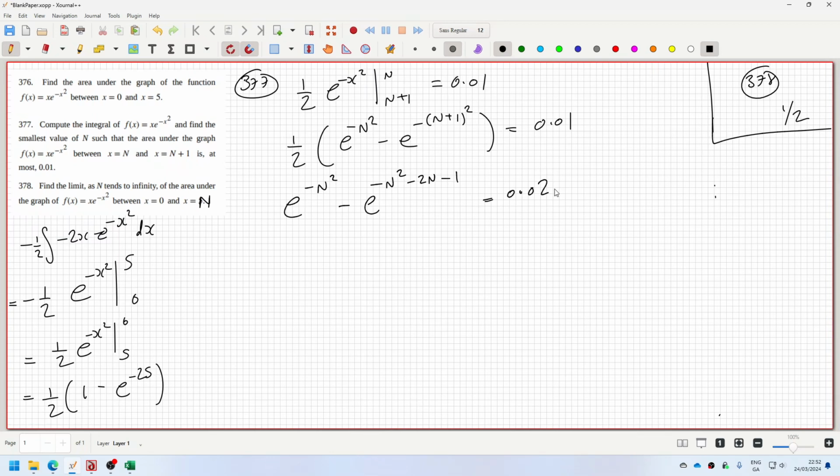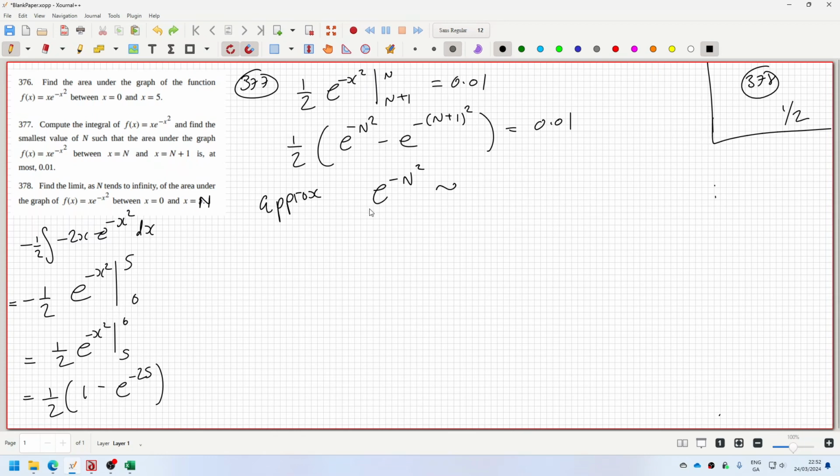We'll have to do some kind of clever stuff here. Let us approximate. e to the minus n squared is roughly equal to e to the minus n plus 1 squared, although actually this is smaller though, so no, that won't work, so that'll actually be equal to 0.